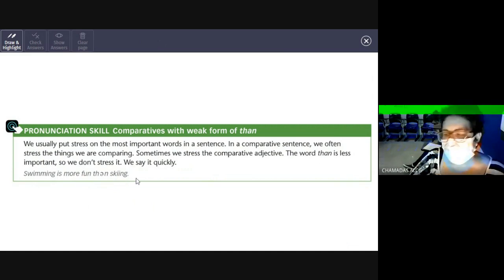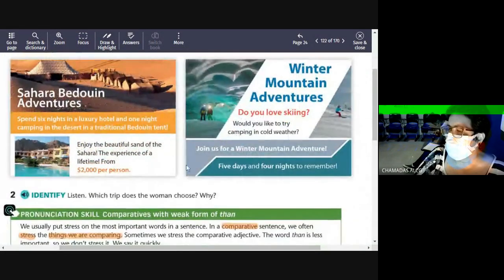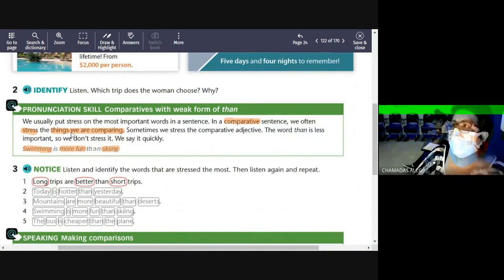It's really weak, okay? So as you can see here, let me show you that. I highlighted for you. When we compare two things, we stress, we emphasize the things we are comparing, and sometimes the adjective we are using.